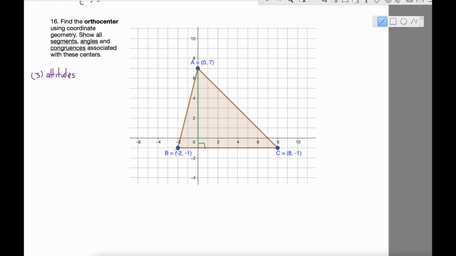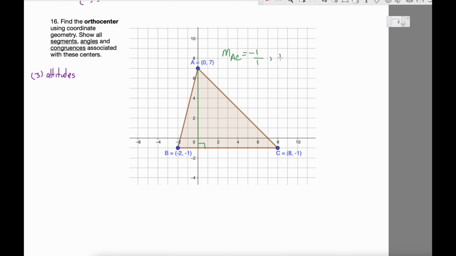Let's go from point B to its opposite side. So how do we make the segment so it intersects this opposite side at a 90? Well, we need to identify the slope from A to C. And it looks like we're going down 1 over 1, down 1 over 1.